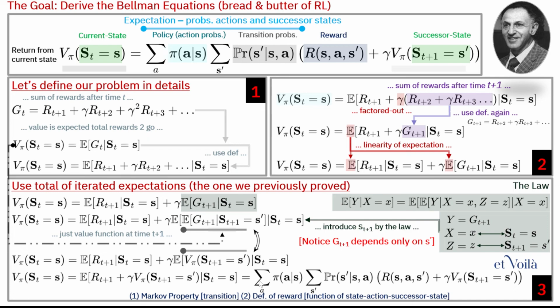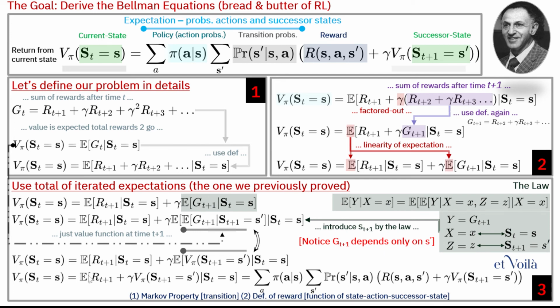Now, the only thing that is remaining is we need to expand this expectation in terms of the definition of the expectation, which is the summation of the probability of a certain event to happen multiplied by the random variable. And in our case, the random variable is this whole chunk here, so that's r t plus 1 plus gamma v of s t plus 1 equals s prime.